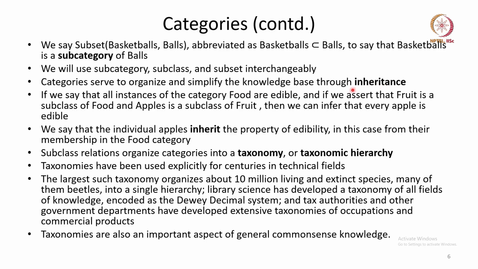If you have a category, the subcategory can inherit properties from the category. So suppose we say that you have a category called food and all food is edible. Then we come to the category of fruit, and we say fruit is a subclass of food and apple is a subclass of fruit.